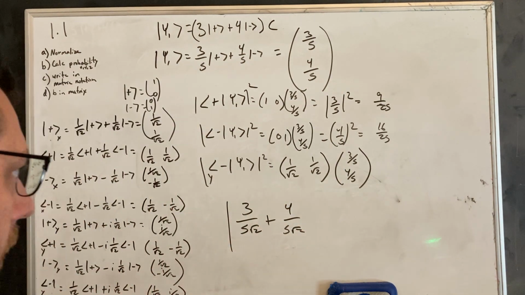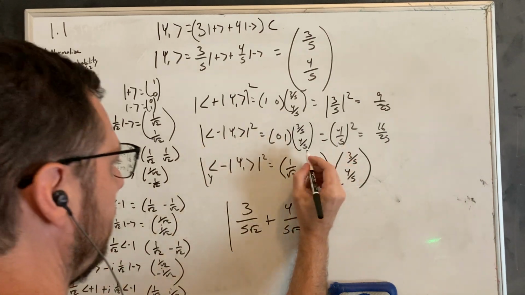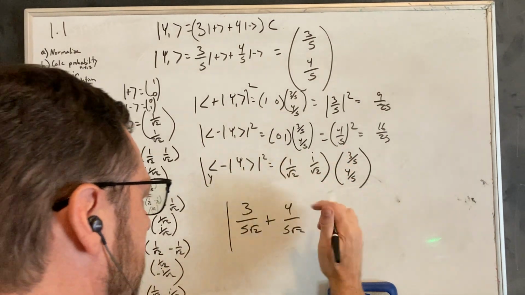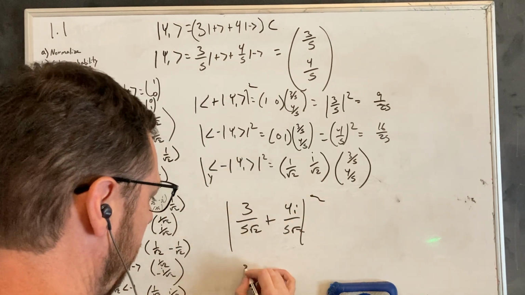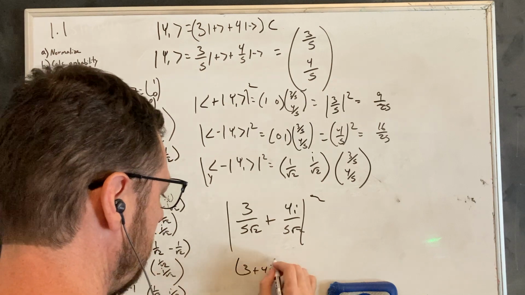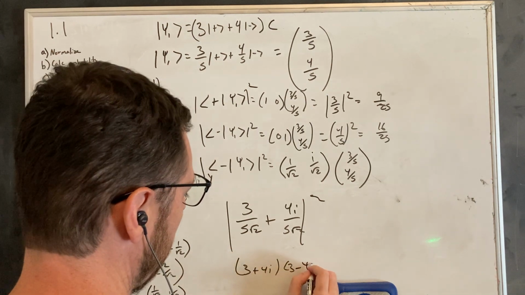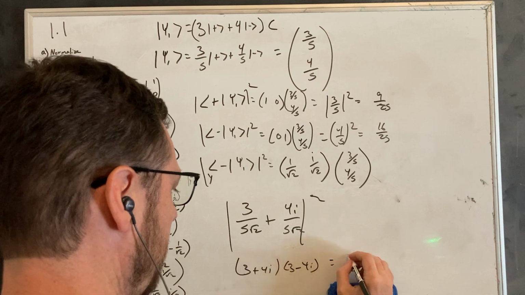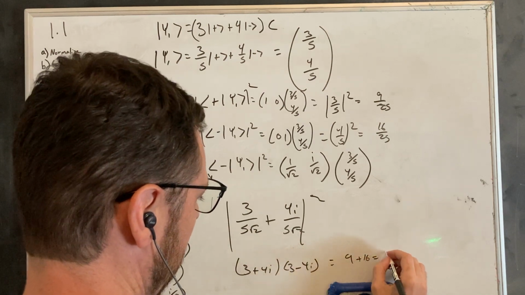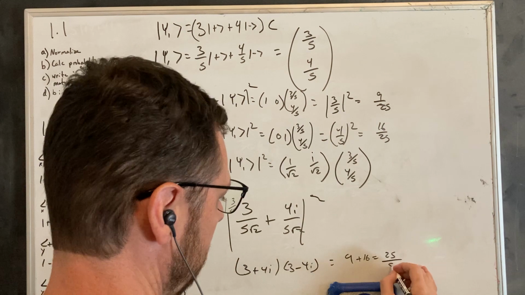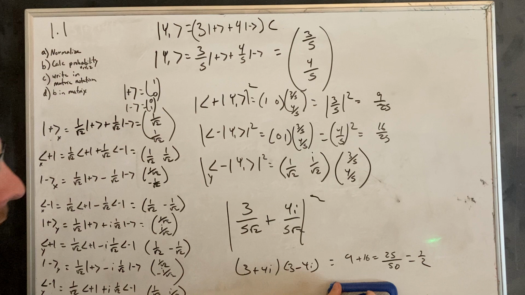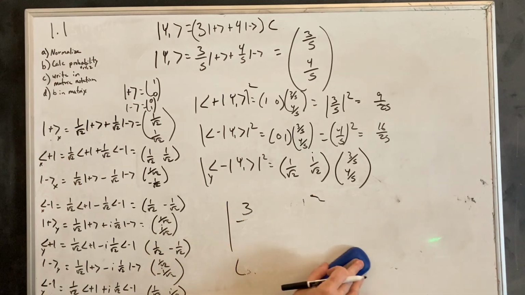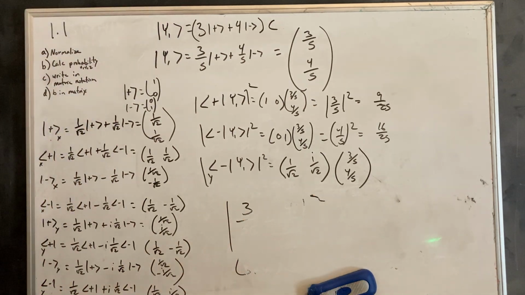Did I miss an i somewhere? Yeah, this should have been an i right here. So that should be 4i over 5 root 2, and square that. And then 3 plus 4i times 3 minus 4i. That's going to give us our 9 plus 16, which is equal to 25, still over 50, which is going to be our 1/2. And you can do all these other ones the same way. So that is our first state, and I'll go through all of these steps again for the other two states in the next videos.